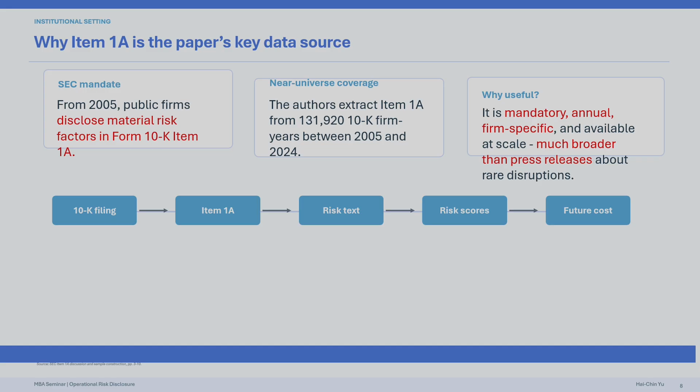It is a mandatory annual report, firm specific and much broader. We can see the longer period and large sample size, so it's better than a very small sample. Remember that we have some papers using machine learning, but they did not apply it at such a large scale, maybe 5 years, 10 years. This is like 20 years of data.